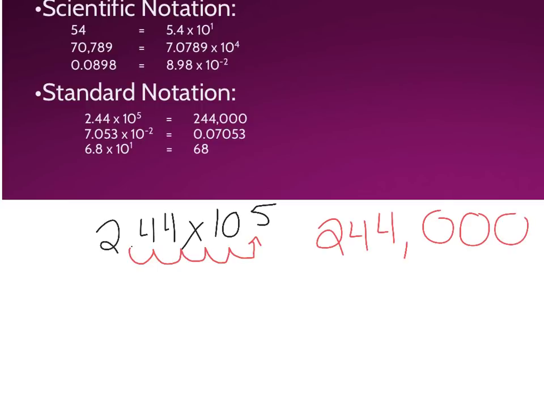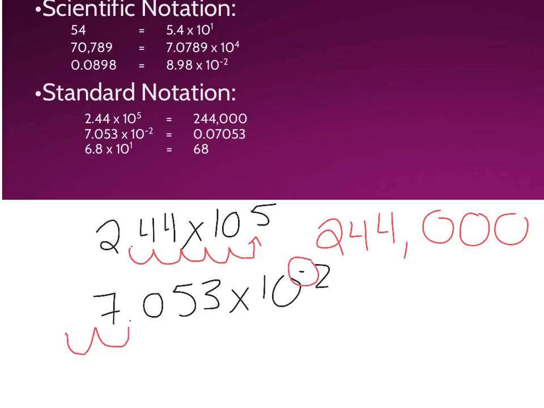Okay, for the next one, we'll do the 7.053 times 10 to the negative 2. I'm moving my decimal the other direction because it's a negative exponent, meaning this is a small number, 1, 2. So we end up with 0.07053.